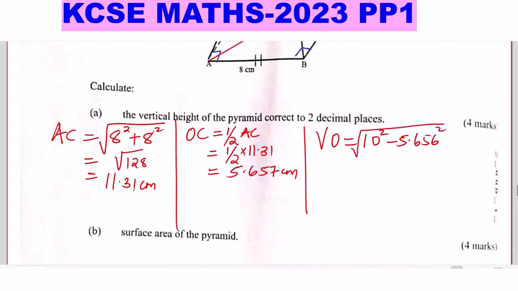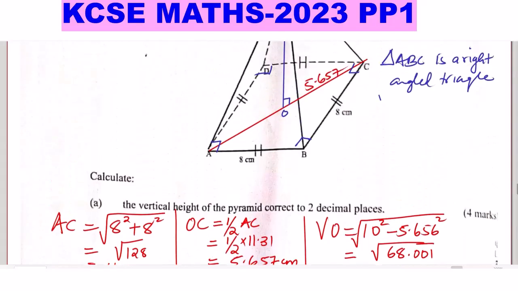So this will be 100 minus 5.656 squared, which is the square root of 68.001. When we get the square root of that, this gives 8.247 centimeters. So that is the vertical height VO.